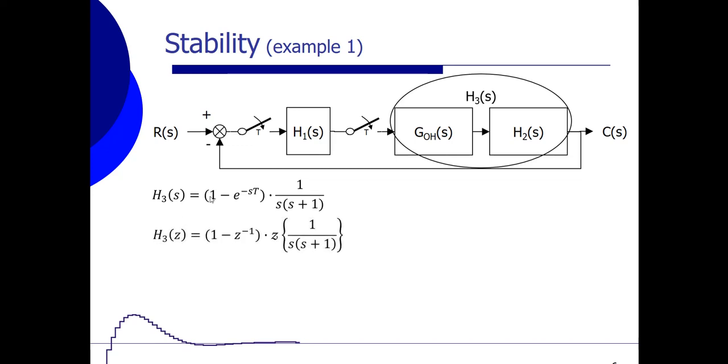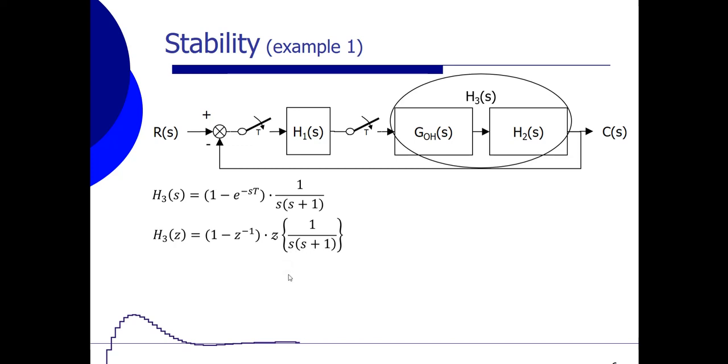Obviously, we may transform this as 1 minus z to the power minus 1, because that is the definition of my z. e to the power minus sT, a delay, is z to the power minus 1 in the Z domain. So we have to multiply that by the Z transform of the rest of my system, 1 over s times s plus 1.